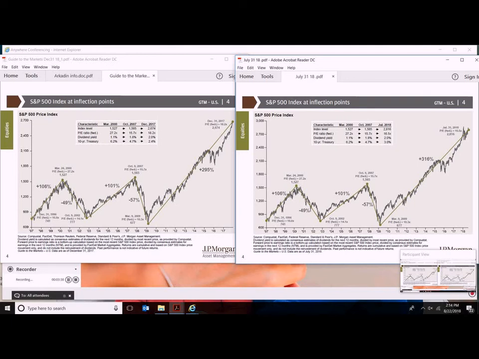And so the valuations are more attractive than they were just 7 months ago, even though the markets are higher. A lot of people are asking, well, how can that be and how does that work? So PE ratio, price divided by earnings, we did have a little bit of a pullback in the S&P 500. I think that was the very first week of February or so. But on top of that, we had the Tax Reform Act.